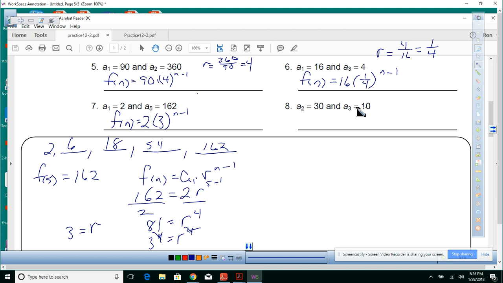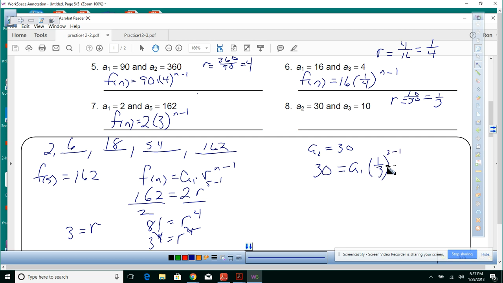A sub 2 is 30, a sub 3 is 10. Well, what is r? R equals 10 divided by 30, which is 1/3. Okay, so if 1/3, how do we backtrack? If a sub 2 equals 30, we got 30 equals, we don't know what a sub 1 is, but we know that r is 1/3, and that's for 2, so I got 2 minus 1.